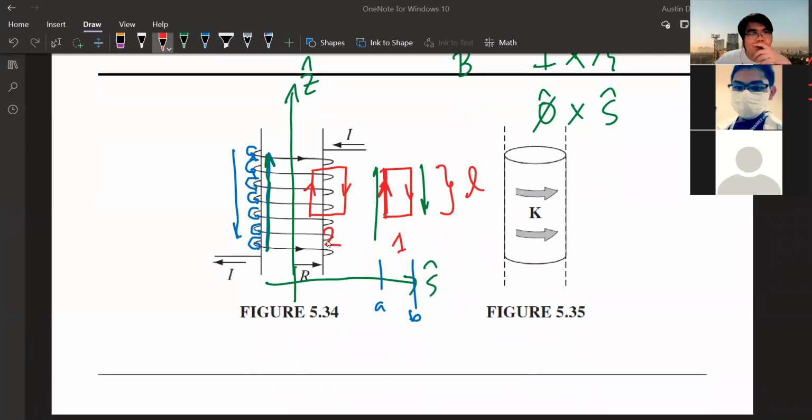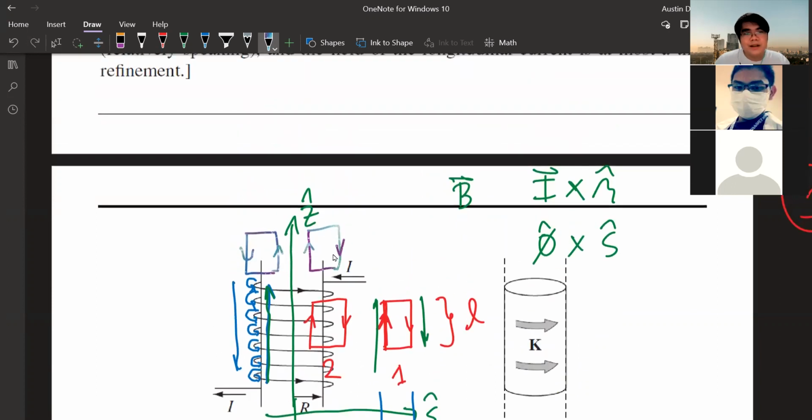One thing to think about is that if you're gonna make an Amperian loop right here, you know that the field is going up inside, going down outside, and you make another Amperian loop here. You see that it goes upward inside, downward outside. And if you extend this loop into a much bigger loop, you will see that downward pa rin to.